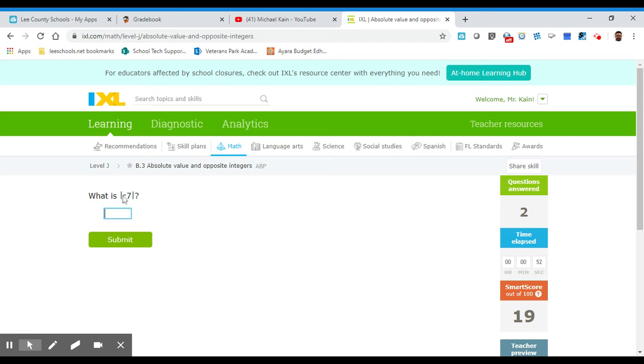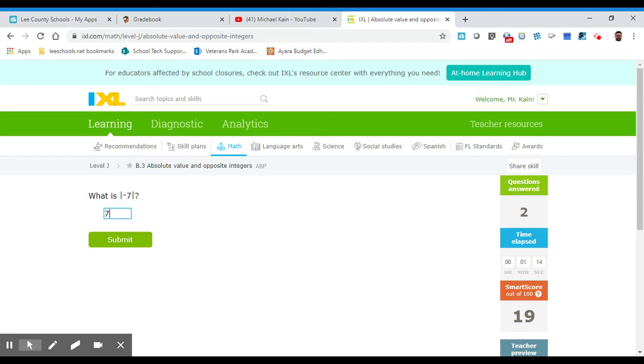Okay. Now, what is the absolute value of -7? In other words, what's the distance from -7 to 0 on the number line? It's 7 units. So absolute value is distance, and distance is always positive. There's no such thing as negative distance.